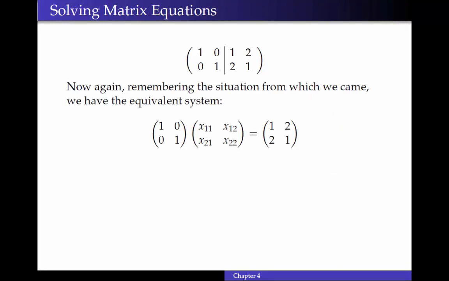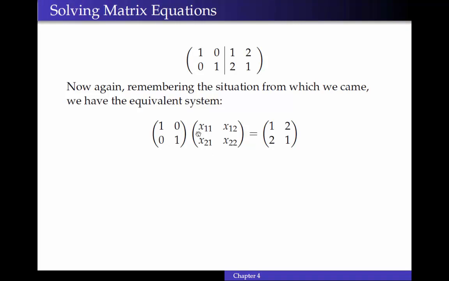So now what we have to do is remember what situation we came from. Now we have the equivalent system where the identity matrix times that whole matrix of unknowns is equal to this right-hand side here. So we've transformed our system into this diagonal system.